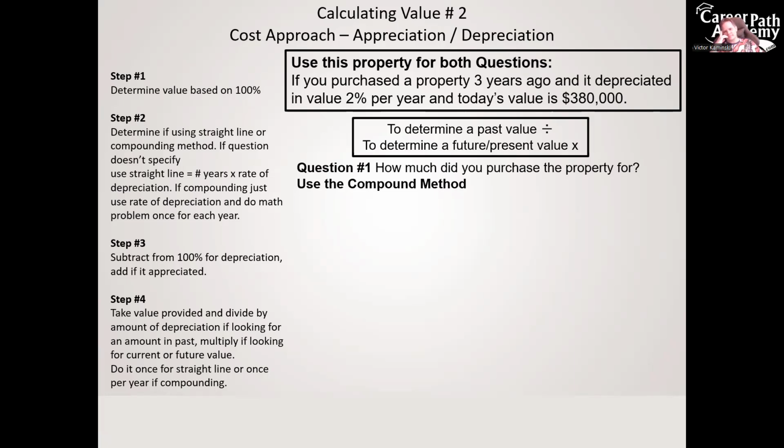What's the first step? To figure out the 3-year percentage. So what's the first step? The first thing you should always do is you just write down 100% first, because you're trying to calculate value. So the first step is you write down 100%, and then what? Are you adding to or subtracting from 100%?